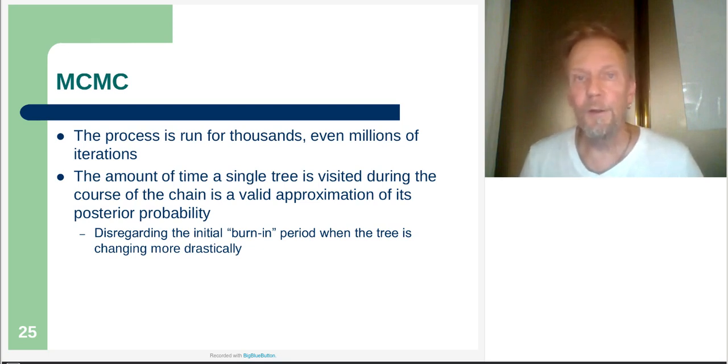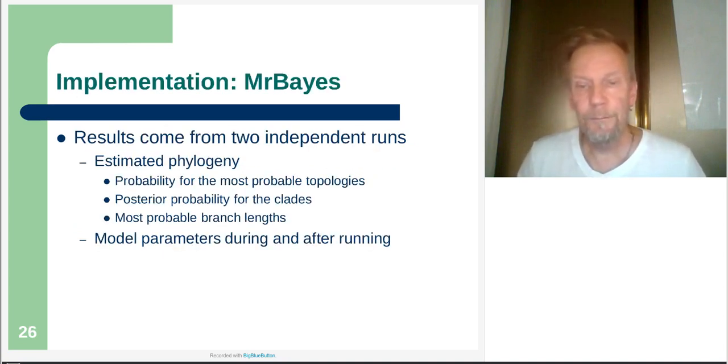And I probably need to do a Mr. Bayes demo to make these concepts a little bit more understandable. Okay, so Mr. Bayes is a software I'm not recommending for beginners. Beast is a better one. And because of the shortness of time, this is the last time we can discuss phylogenetics.